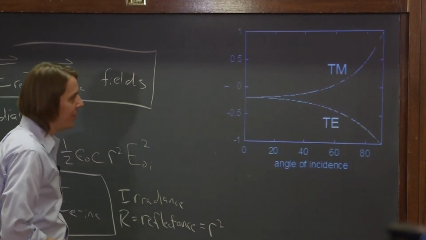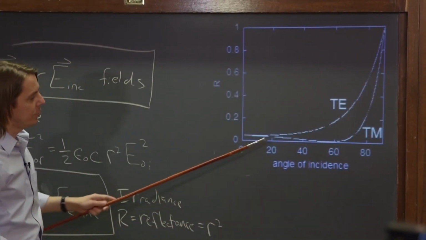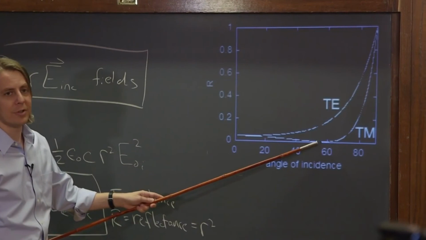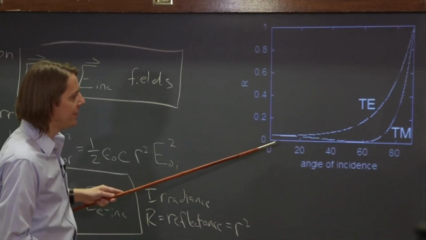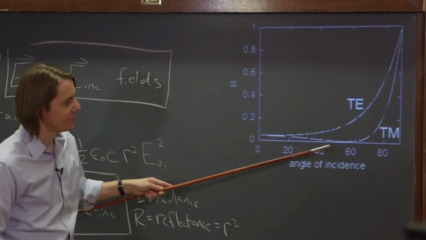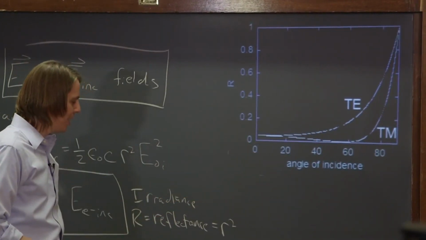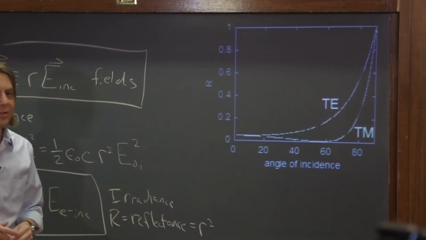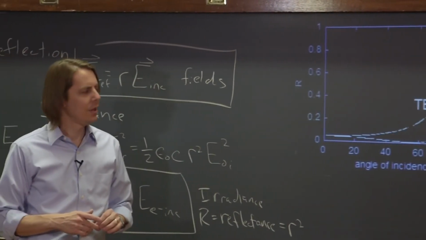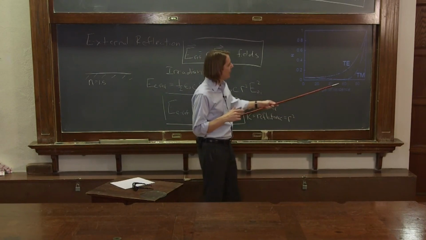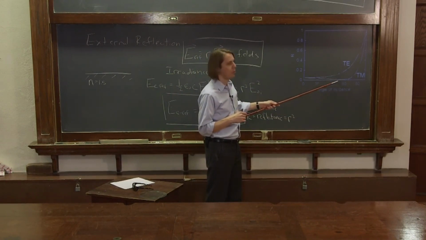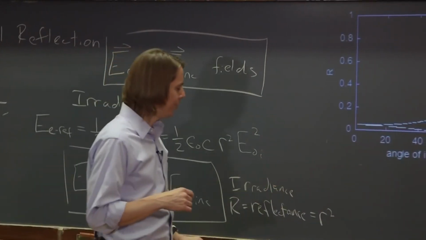That means when we square it, there's a little dip where TM, the reflectance, goes to 0. Right? So TE goes from 4% to 100%. TM also 4 to 100, but TM takes this little diverging path here at an angle of about 56 degrees to give you nothing. What this means is, for a dielectric surface at a certain angle, it only reflects one polarization. Okay? It's called the polarizing angle.